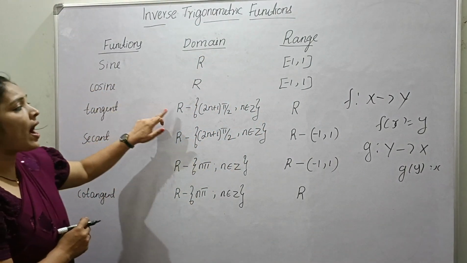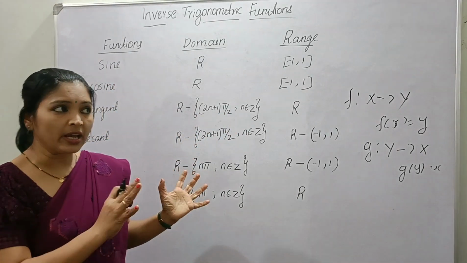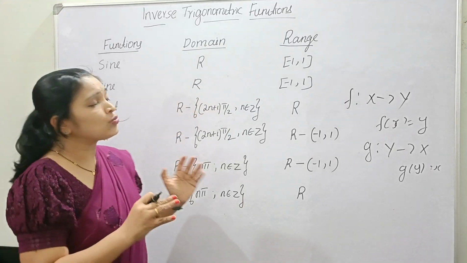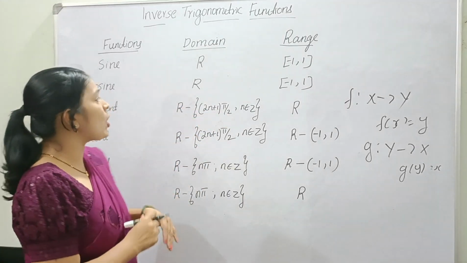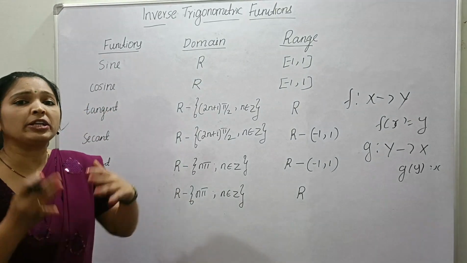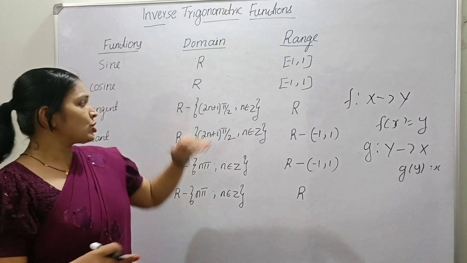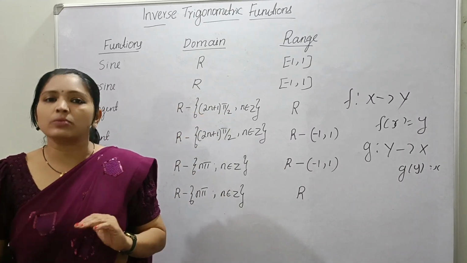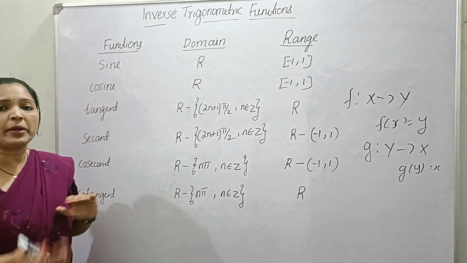Tangent has domain R minus (2n+1)π/2, n belongs to Z. Why subtract (2n+1)π/2? Because tangent is the ratio of sine and cos, so cos is in the denominator, and at these angles cos is 0, so tangent will not be defined.